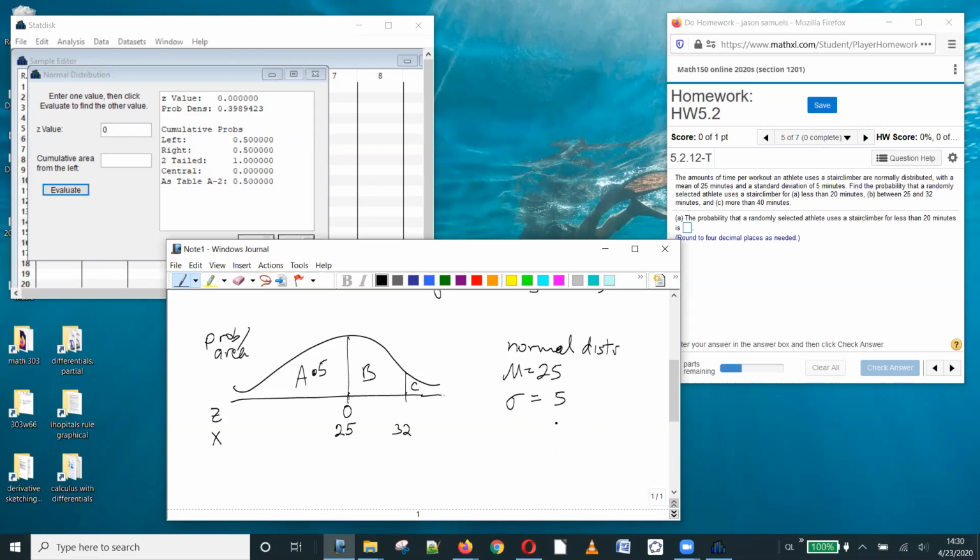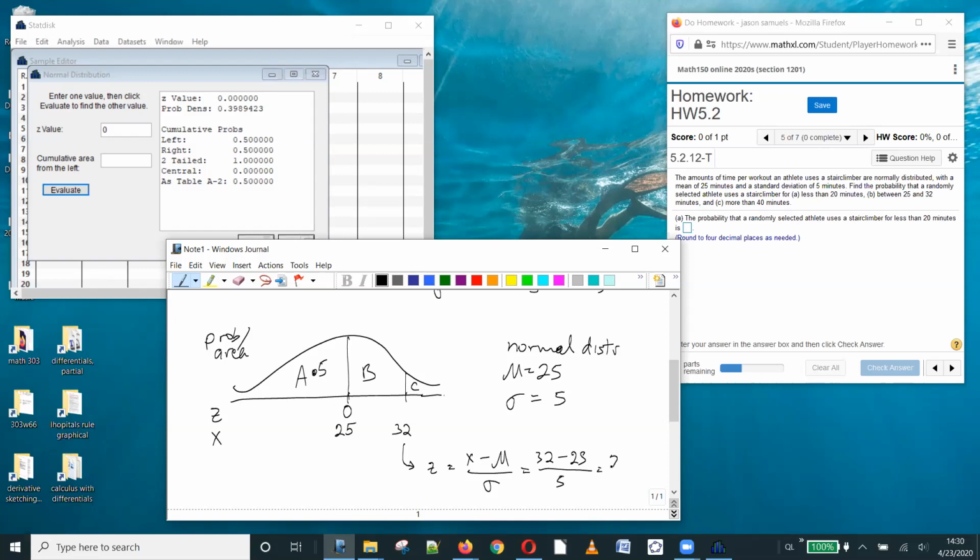Next we're going to sort out x equals 32. What's the z-score? Again, the formula for the z-score is x minus mu over sigma. The x value here is 32, the mean mu is 25, and sigma is 5.